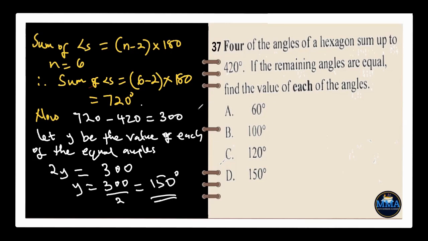Each of them will be 150, 150, and then the other 4, probably unequal, will add up to 420 degrees. So our correct answer is option D. So mark option D and proceed to question number 38.